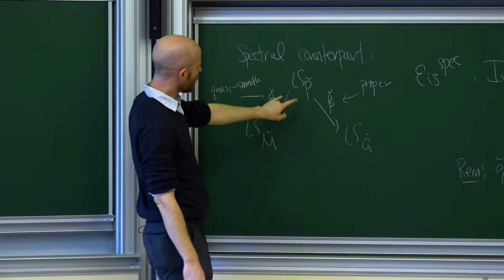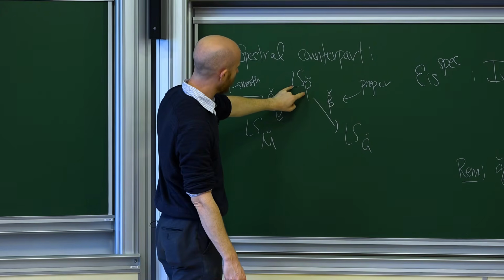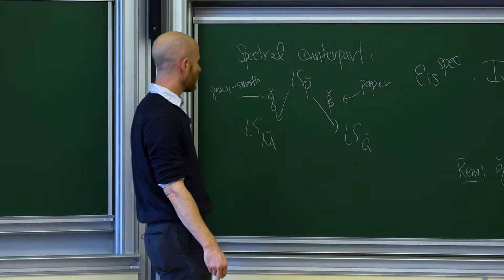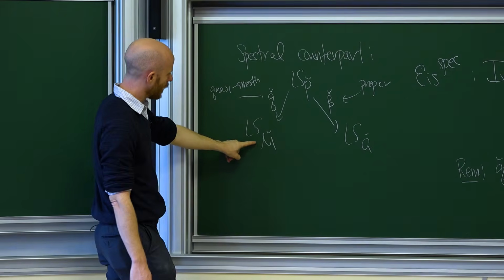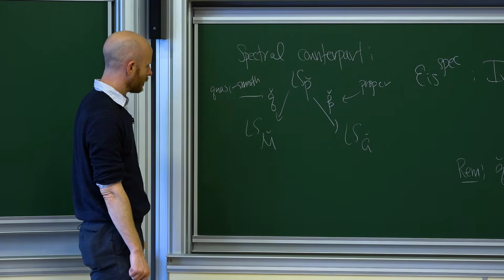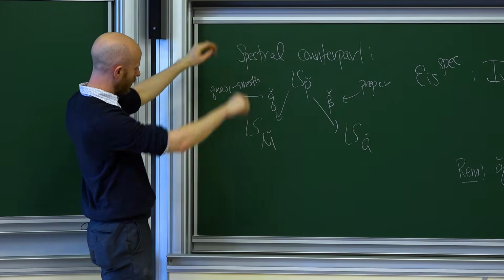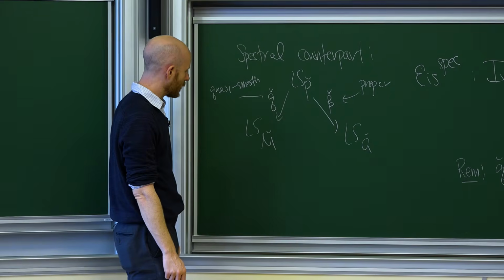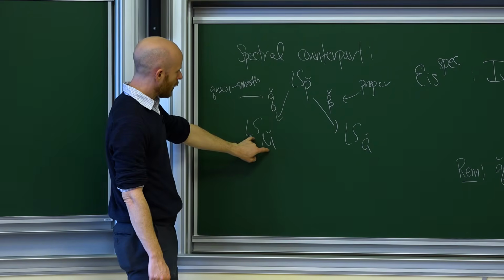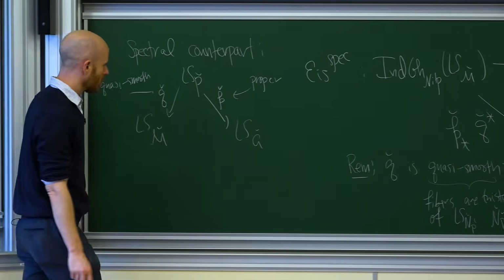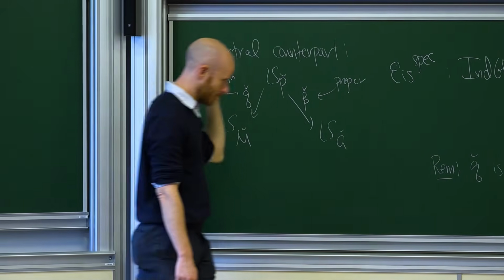And then you consider all the possible ways of lifting that semi-simple local system to a local system for the parabolic, all the ways of filling that into upper triangular matrices that reproduce what you were looking at along the diagonal. And then you take the corresponding G-check local systems.